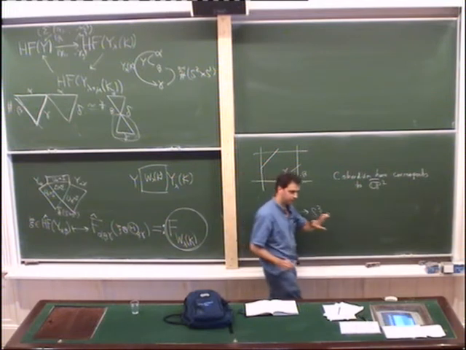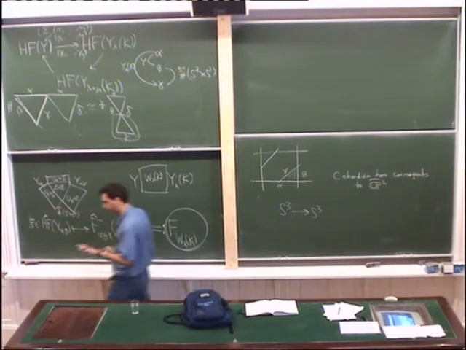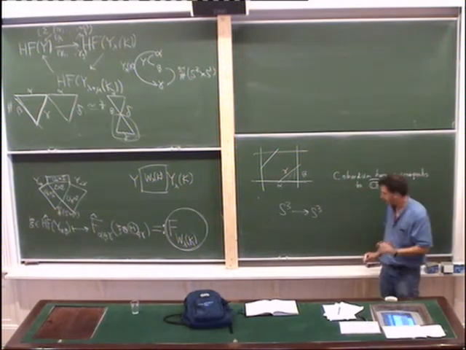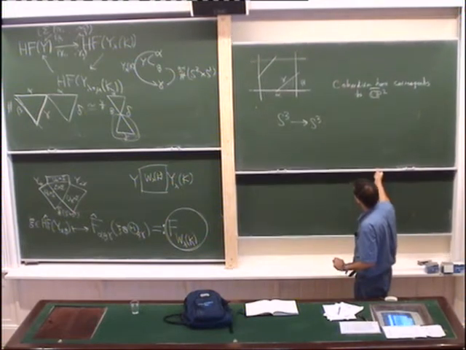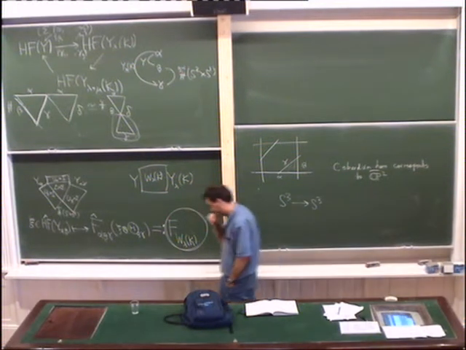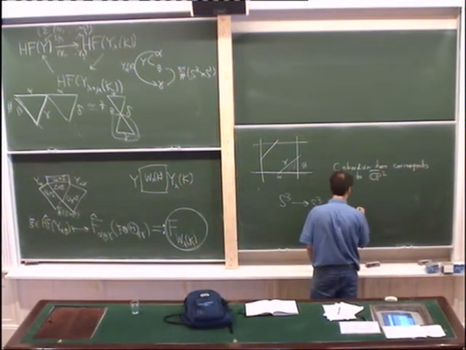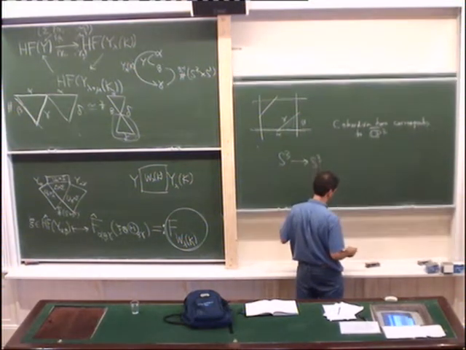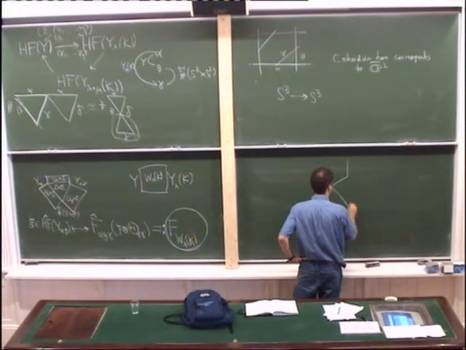But the space of holomorphic triangles decomposes again much the same way that the space of homotopy classes of paths decomposes, as follows. Suppose, let's go back to this picture here.